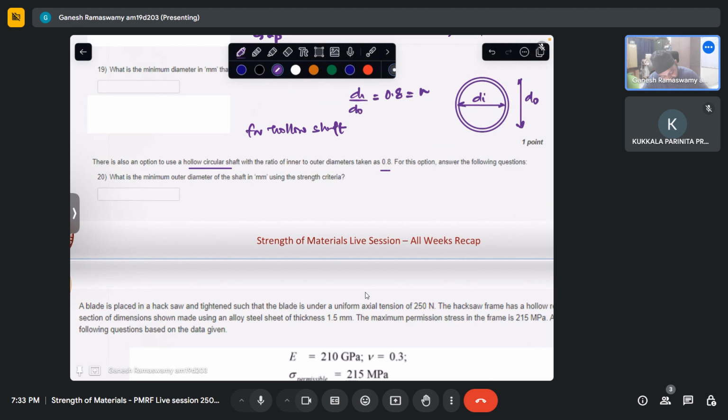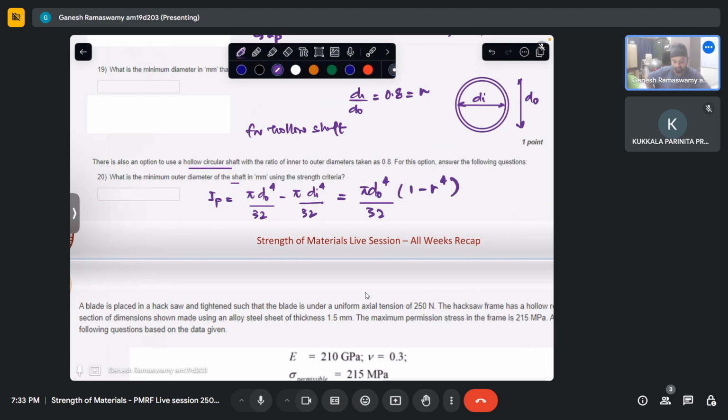Then IP is given by pi d outer power 4 by 32 minus pi d inner power 4 by 32. It is the difference of two circles, which is nothing but pi d outer power 4 by 32 into 1 minus r power 4.